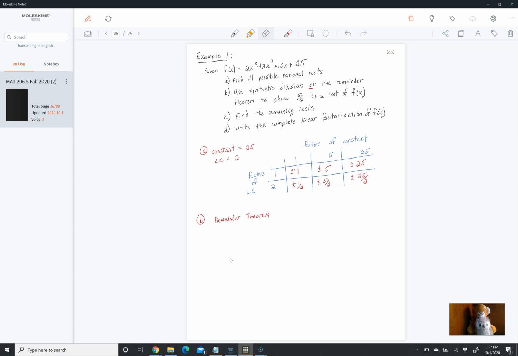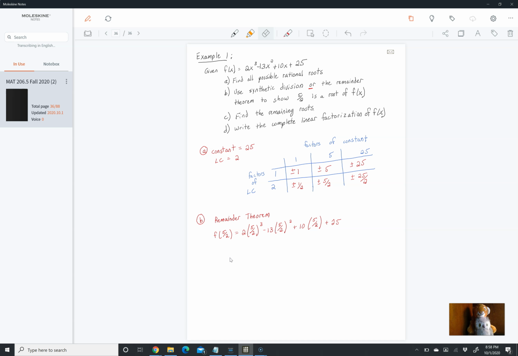So we're going to do f of 5 over 2, and we're going to plug it in. 2 times 5 over 2 cubed minus 13 times 5 over 2 squared plus 10 times 5 over 2 plus 25.